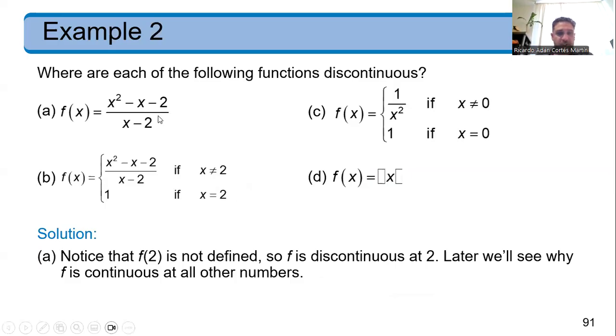Okay, so I want you to try to see if these functions are continuous or not continuous. So where can you look for discontinuities? Okay, this is option D. This is the step function.